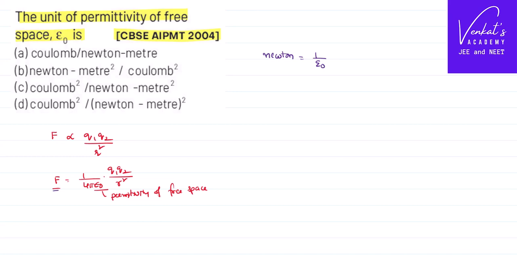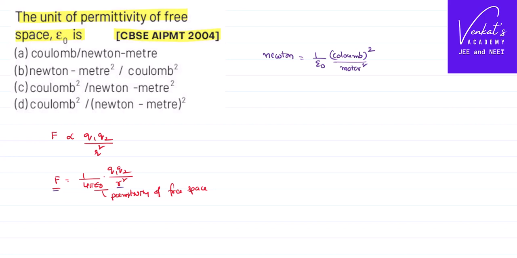Q1 and Q2 are the charges. Charge has a unit of Coulomb. Both Q1 and Q2 will have the same unit because both are charges, so that is Coulomb square by meter square, because r square is there, that's meter square.